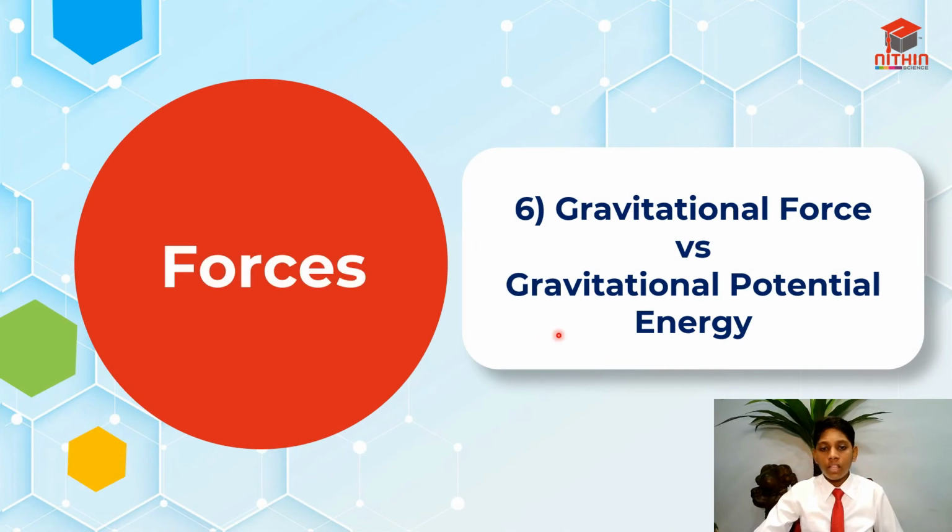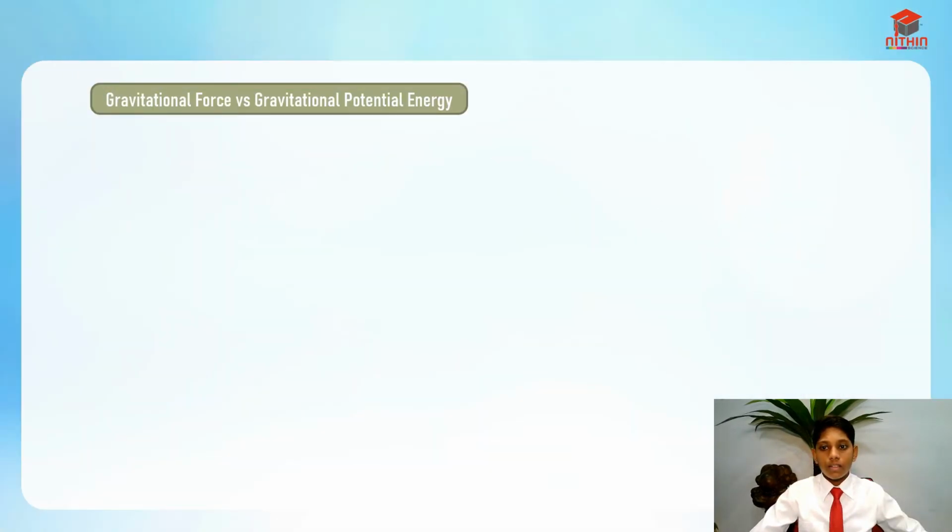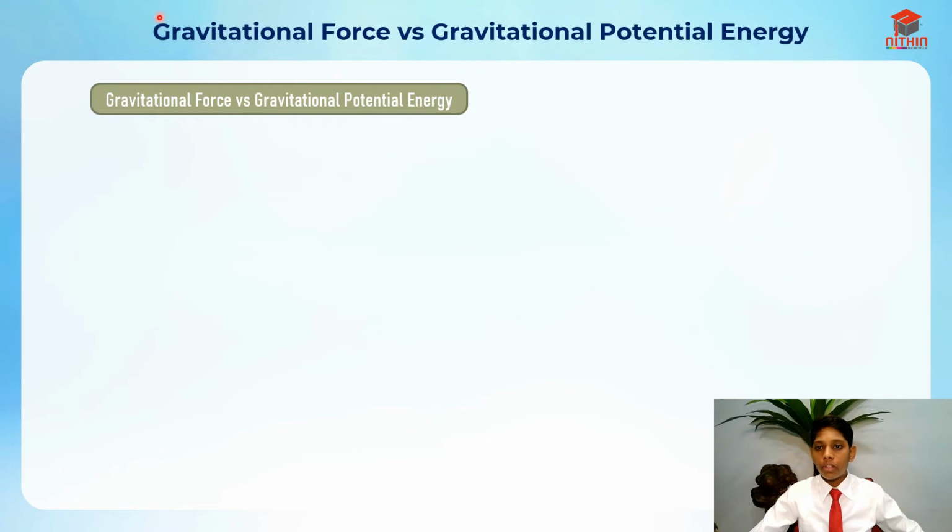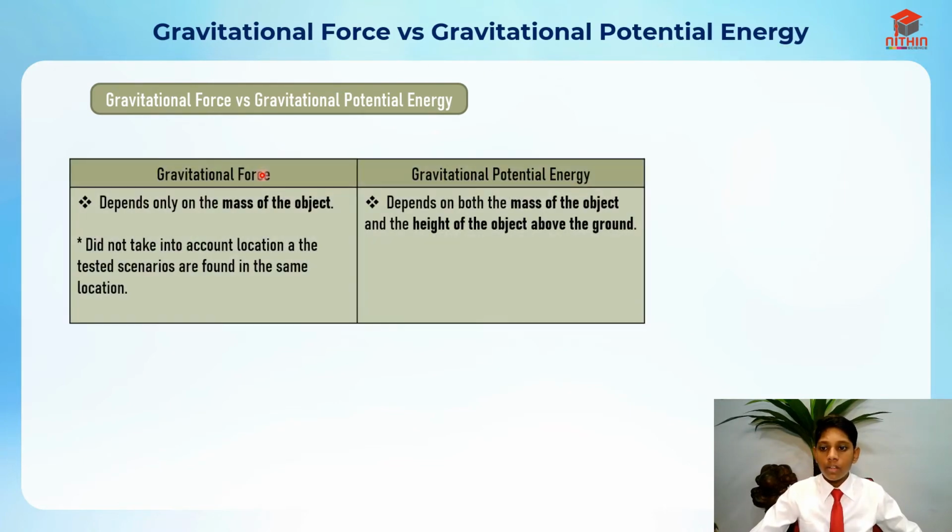For the sixth segment of this video, I'll be going through gravitational force versus gravitational potential energy. Remember, we learned gravitational potential energy in my previous video on energy. Now we are just going to compare gravitational force and gravitational potential energy and see what the differences are.